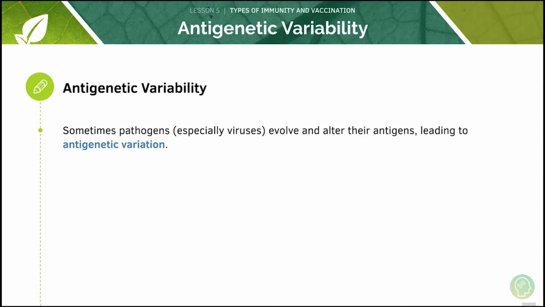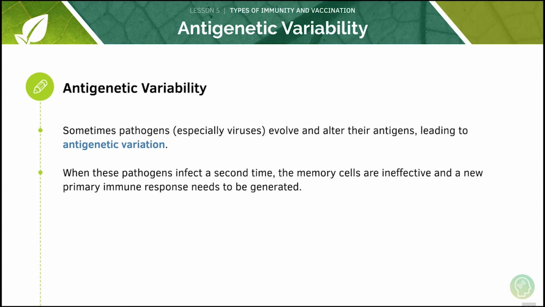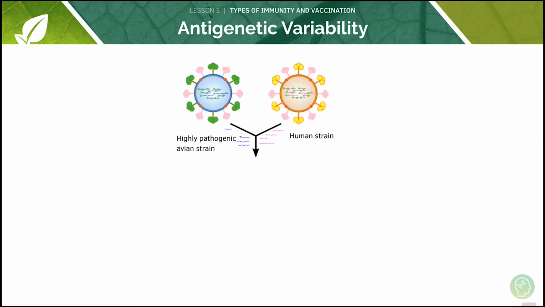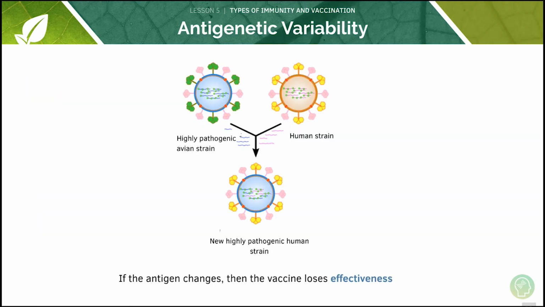Sometimes pathogens, especially viruses, will evolve and alter their antigens, leading to antigenetic variation. When these pathogens infect a second time, the memory cells are ineffective and a new primary immune response needs to be generated. Antigenic variation makes vaccination difficult. If the antigen changes, then the vaccine will lose its effectiveness.